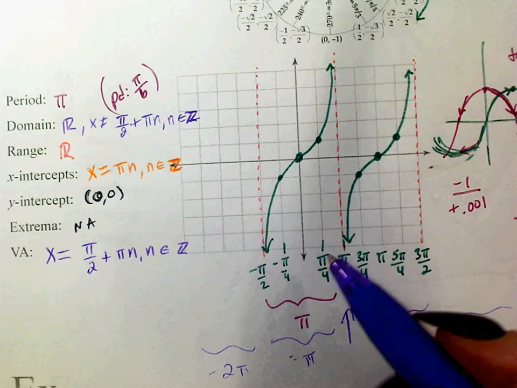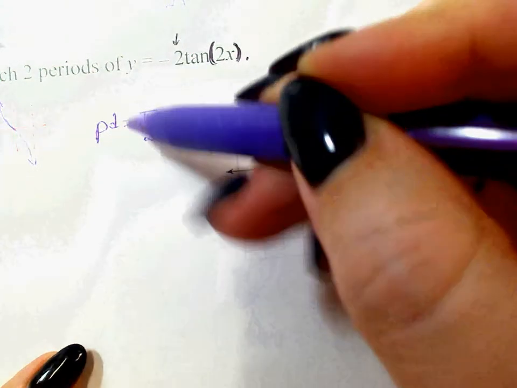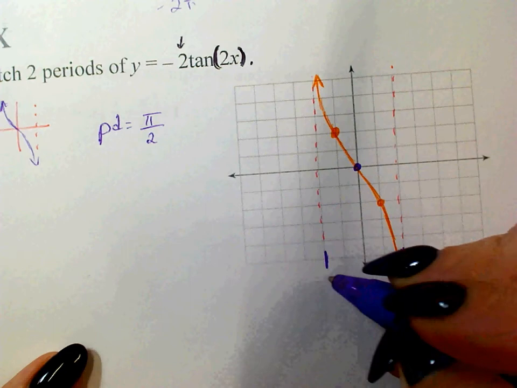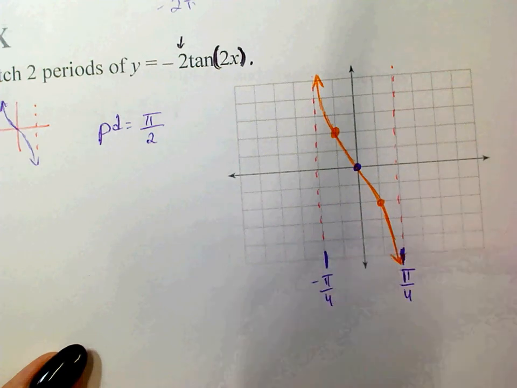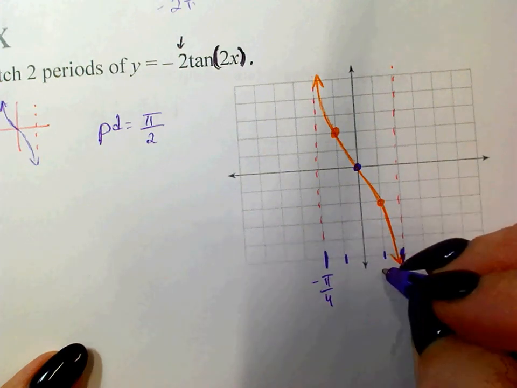Exactly. If the period is pi over 2, that means you go to the right pi over 4 and you go to the left pi over 4. Okay? What would that make this first tick mark, guys? Pi over 8, and that would be negative pi over 8. I did say to sketch 2 periods of it.